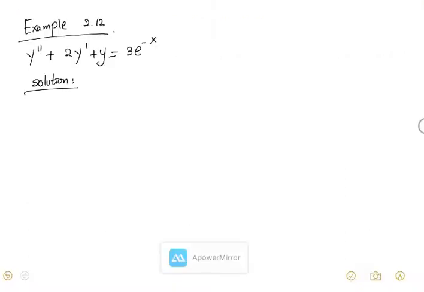By using variation of parameters. In order to solve this, first of all, you must know how to find the a.